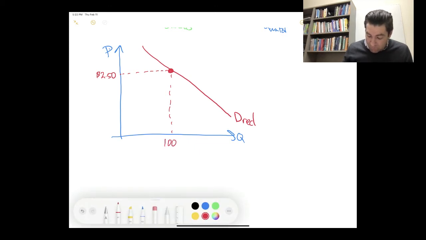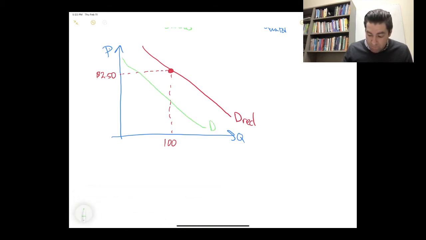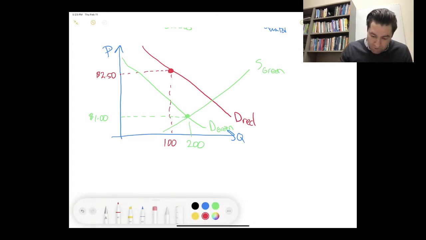Okay, now let's relate that to our green peppers, which I argue have a much lower demand, all else the same. Demand for green. They have a lower price, but we sell way more of them. So what explains the difference is that the supply of green peppers is much larger than the supply of red peppers.